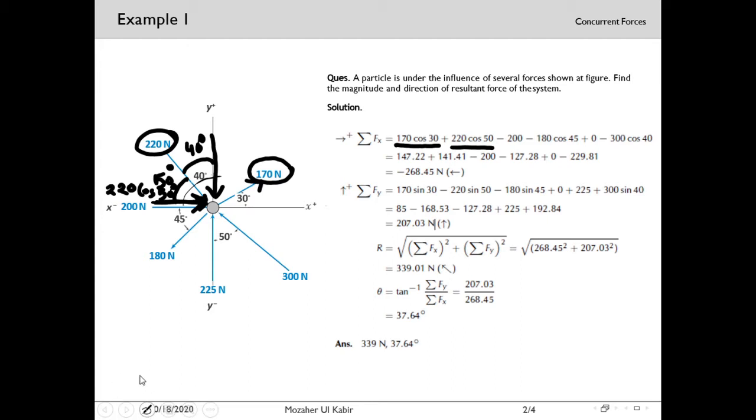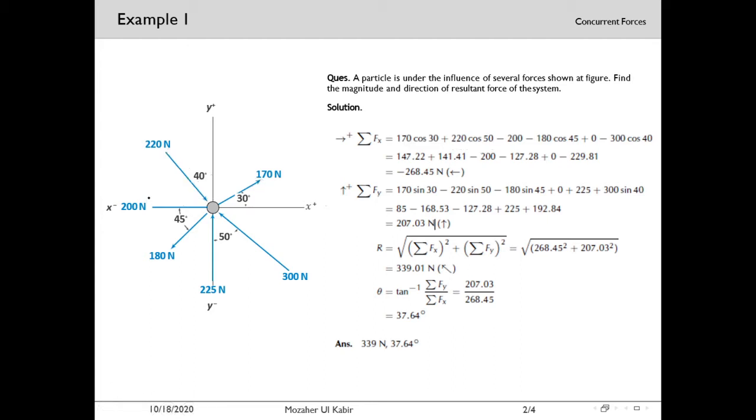And now let's move to our third force, which is 200 Newton. We can see this 200 Newton force is acting away from the point. As this force is coinciding with the x-axis, it will not have any component in y direction.